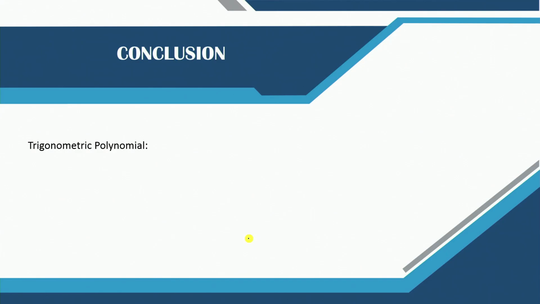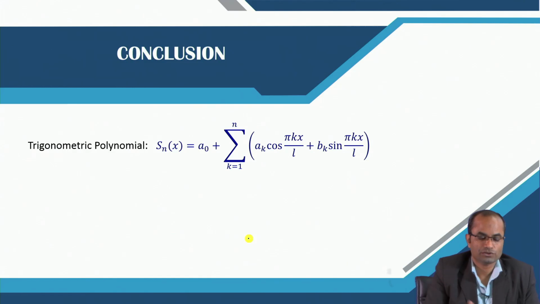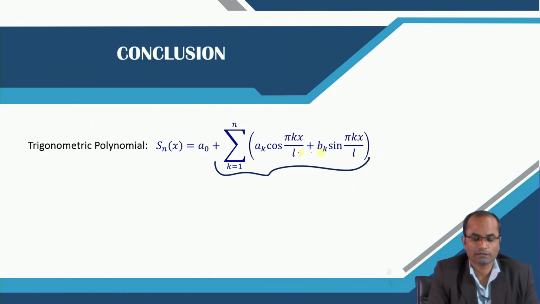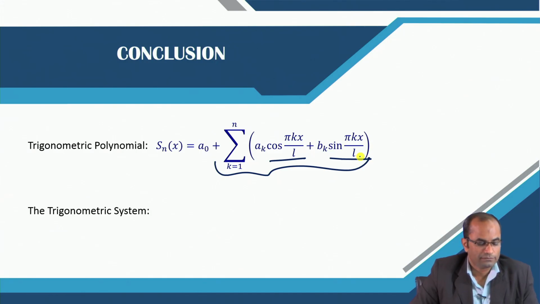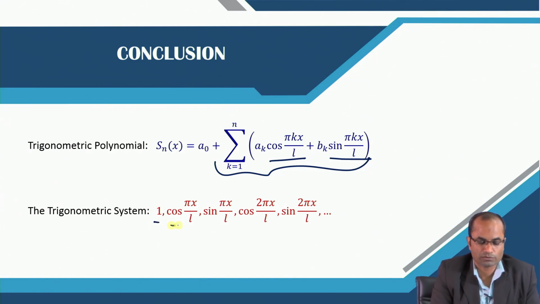And just to conclude, we have basically discussed the trigonometric polynomial today, which is a finite sum of cosine and sine functions, and we have also discussed the trigonometric system, which is 1, cos pi x over L, sin pi x over L and so on.